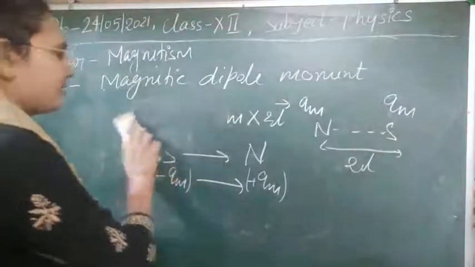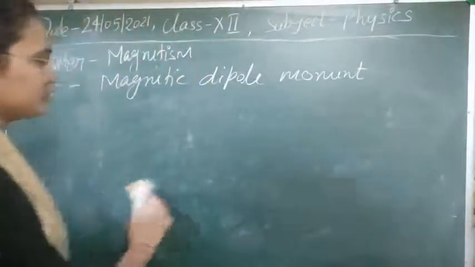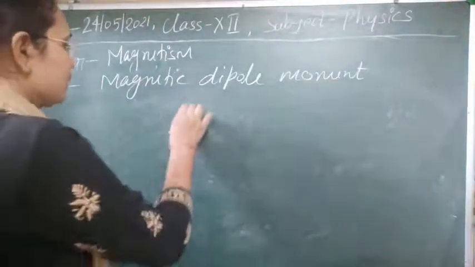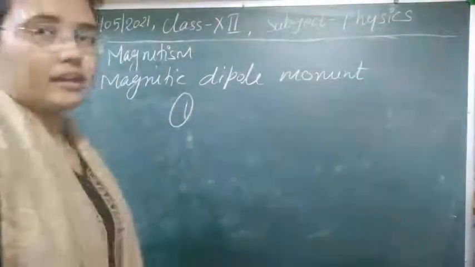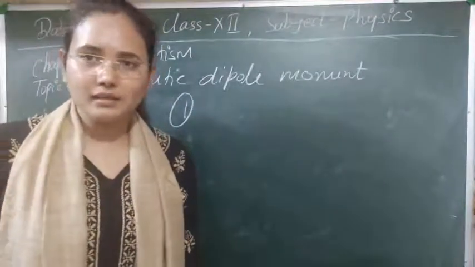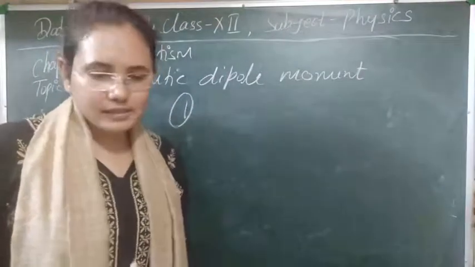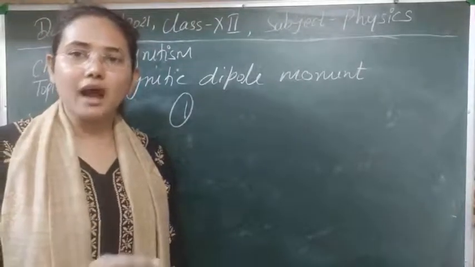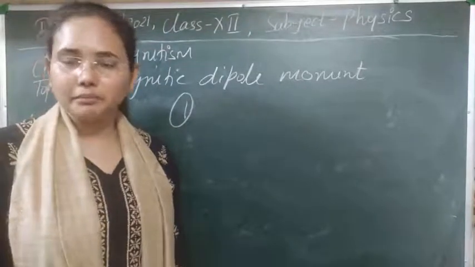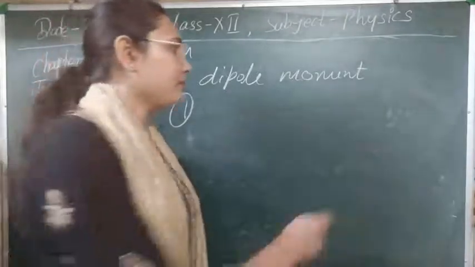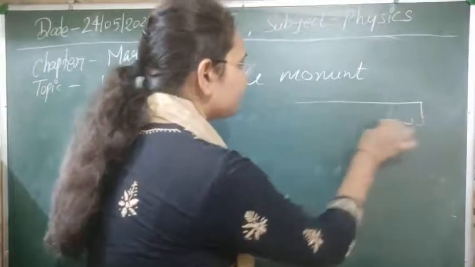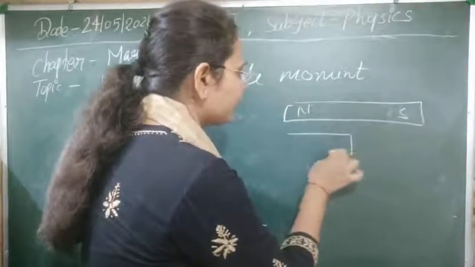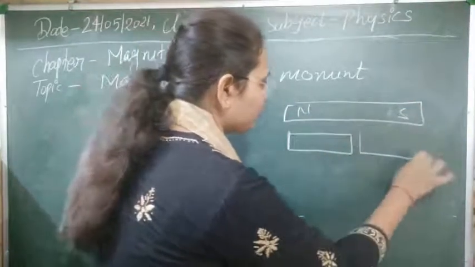You can understand it from the directional things here. Whenever you cut it into two parts, first, in the longitudinal direction, meaning along its axis, the pole strength becomes just half of the pole strength before cutting. Suppose we have this magnet with north and south poles, and we cut it into two equal parts.